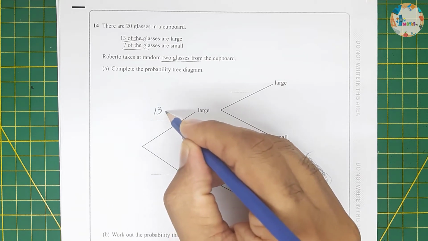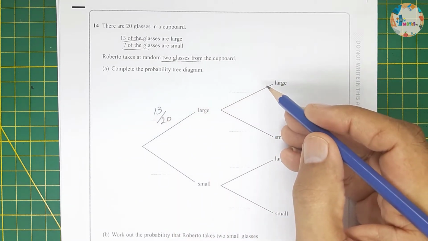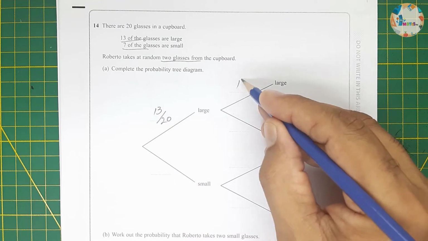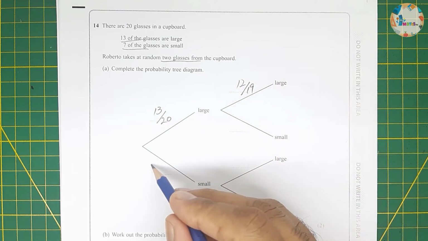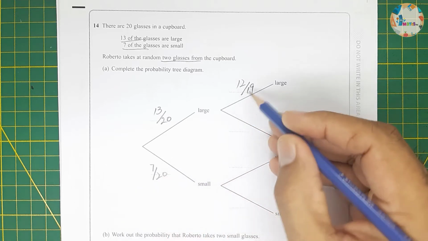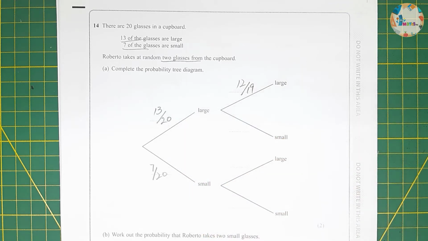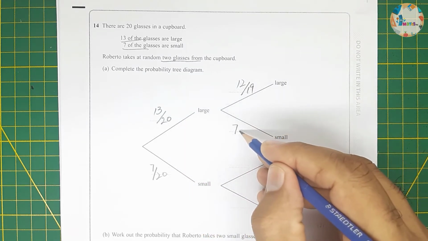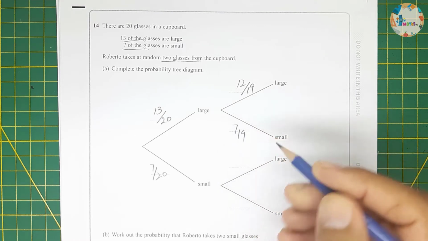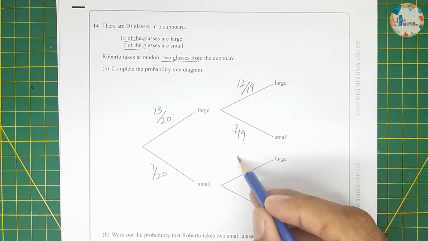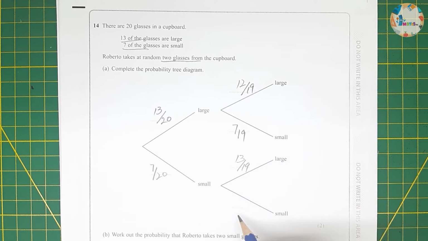So probability will be 13 out of 20, and this is basically large will be 12. 1 is gone, so it will be 12 out of 19, and this will be remaining 7 out of 20, and this one will be if one large is gone, small is not yet gone, so it will be 7 out of 19, and this one is basically large, so it will be 13 out of 19, and this will be, one small is gone, so instead of 7 it will be 6 out of 19.